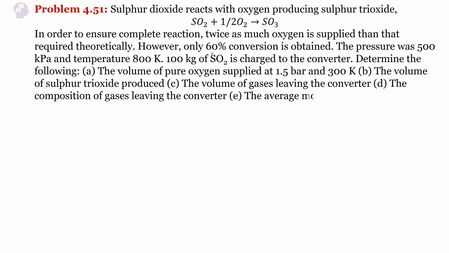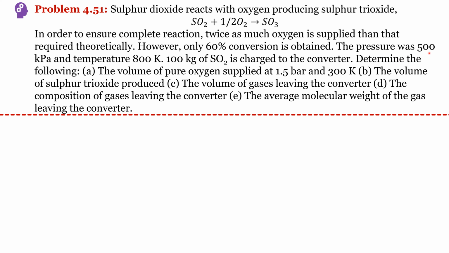However, only 60% conversion is obtained and the pressure was 500 kilopascal and temperature is 800 Kelvin. So in this case, 100 kg of SO2 is charged to the converter. So we know the amount of SO2 is the 100 kg.